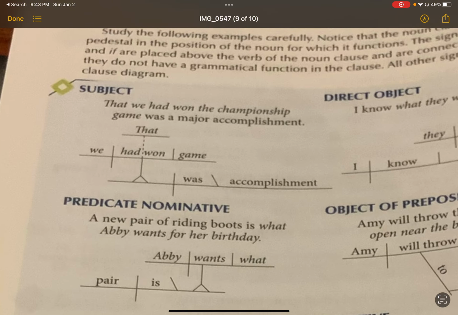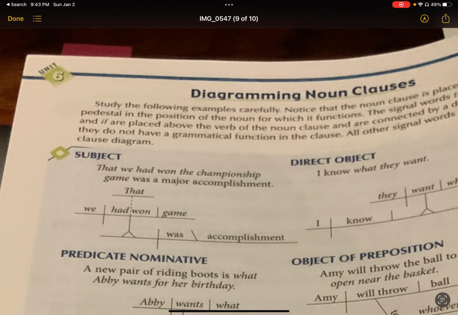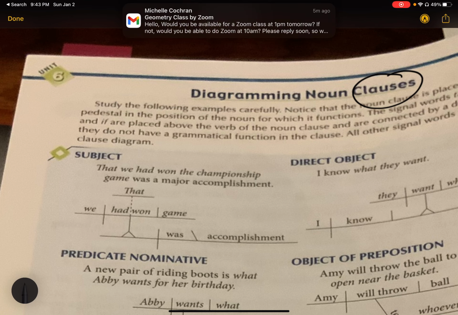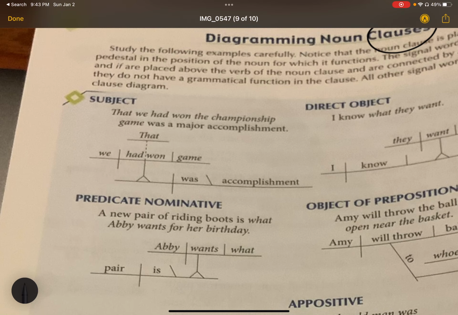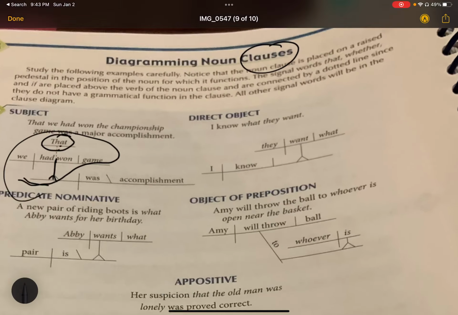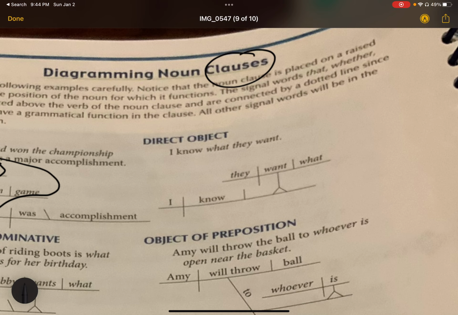Let's look to see how this is different because it's a whole clause, not just a phrase. You can see that the clause goes on its own little pedestal. And the that, whether, and if, the ones that don't really have a grammatical function, join with a little dashed line. But the signal words that are actually a part of the clause grammatically will fit wherever they belong.